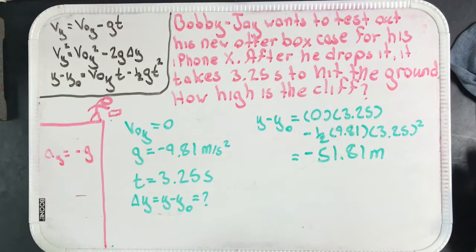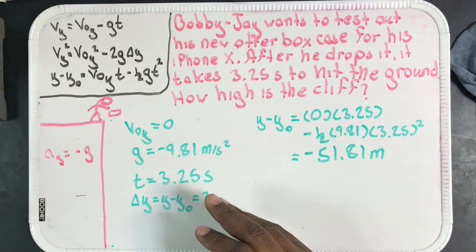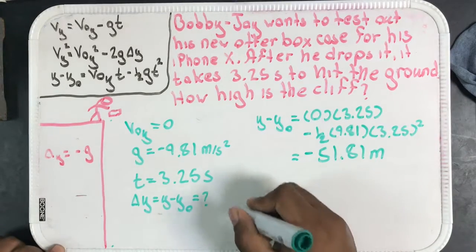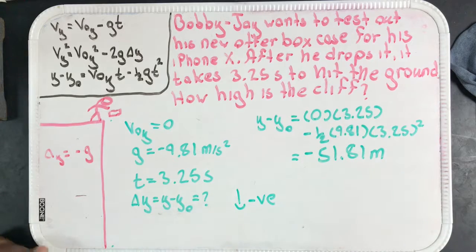Now, you're probably wondering, why do we have this negative here? Remember, every quantity in here is a vector quantity, except, of course, time. And we have the vertical displacement, the change in the vertical displacement, okay? So all this is telling us is that this object is going down because gravity is acting down, which is negative. So up is positive.